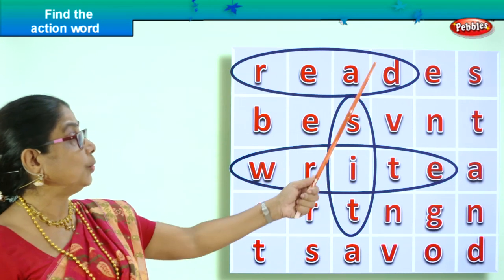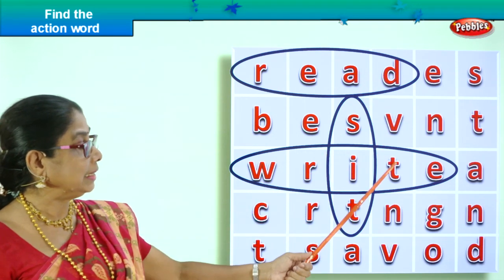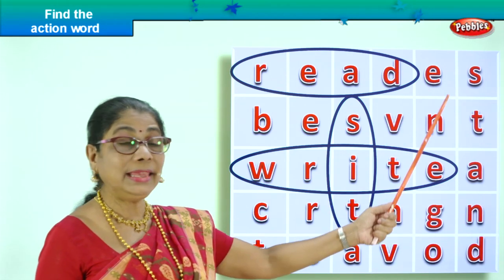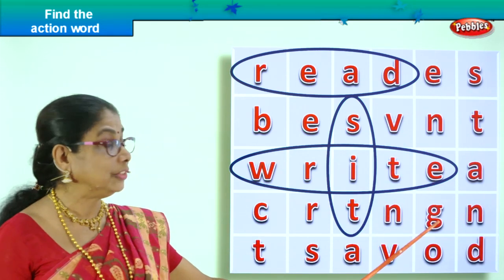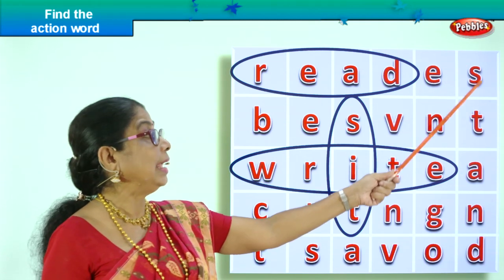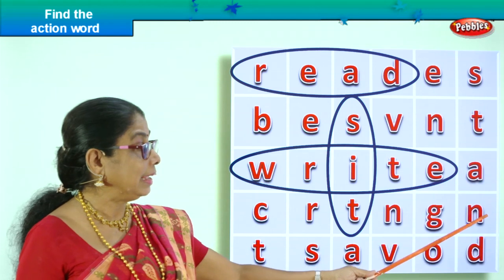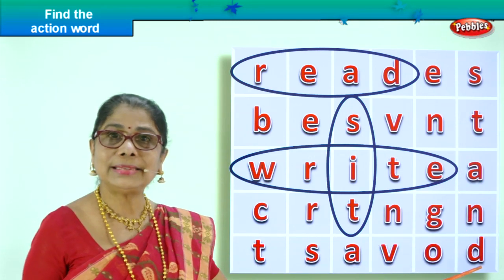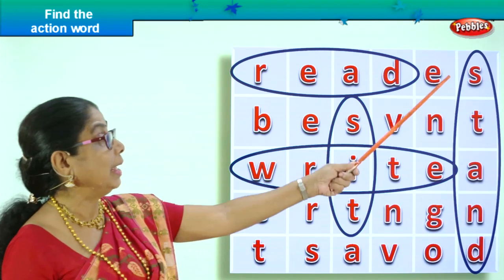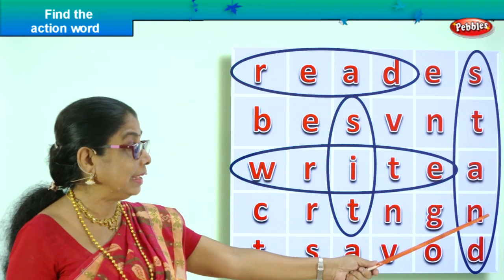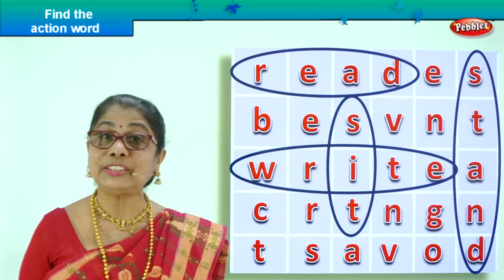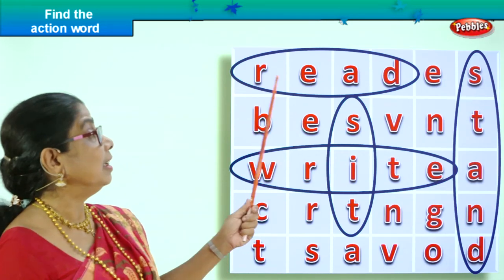Let's go to the next row. D-V-T-N-V. No, nothing. Okay. E-N-E-G-O. No. Let's go to the last row. S-T-A-N-D. Yes, S-T-A-N-D. What is that? Stand. Very good. How many action words did we find here?